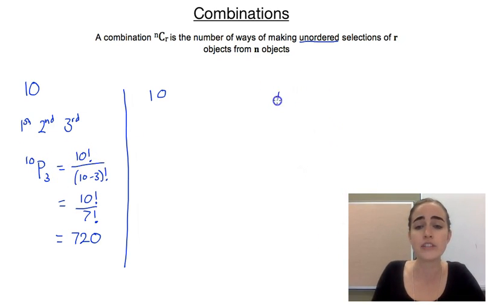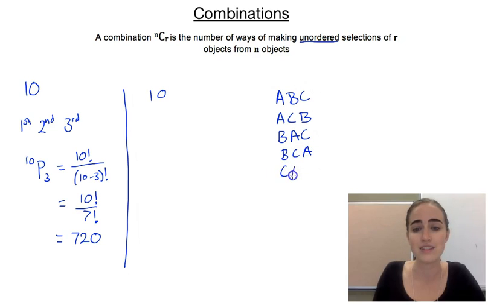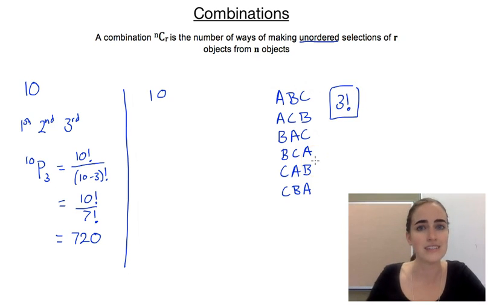For example, A, B, C is the same thing as A, C, B, B, A, C, B, C, A, C, A, B, and C, B, A. Because those 3 people can be arranged in 3 factorial different ways, and we don't care about the order, we've got 3 factorial redundancies in there.